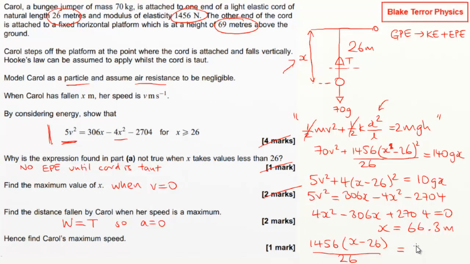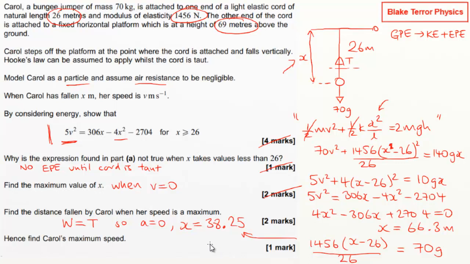And that's got to be equal to the weight. So we just need to solve that for x. So multiply through by the 26, divide by the 1456 and add on 26. I'm just saying all of that so I can type it into the calculator and get x equals 38.25.